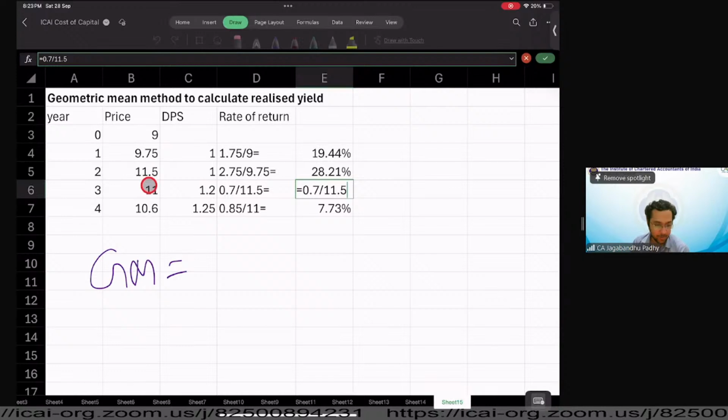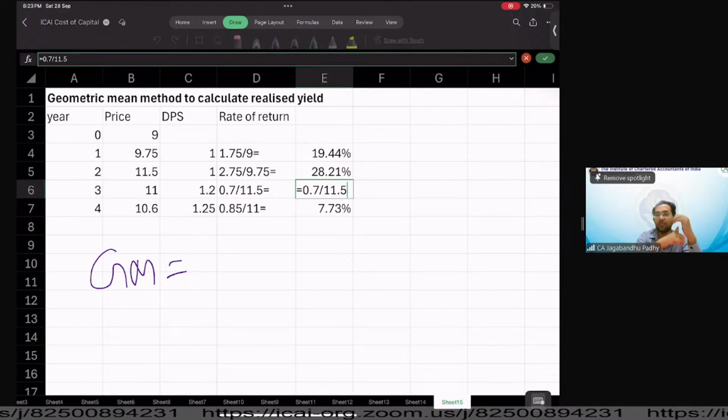Now that 0.5 rupees is a loss for you, but you are receiving a dividend of 1.2. So what is the net gain for you? 0.7, right? Got it?